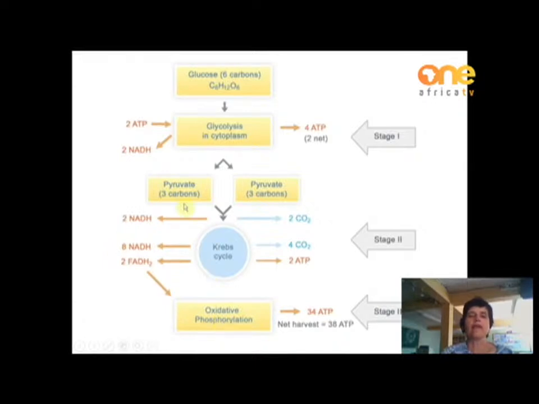stage. Then the pyruvates need to enter the matrix for the Krebs cycle. In the matrix, we see 2 carbon molecules and then 4 carbon molecules formed during the Krebs cycle. 6 carbon dioxide molecules are formed. 2 ATPs are already storing energy in stage 2.